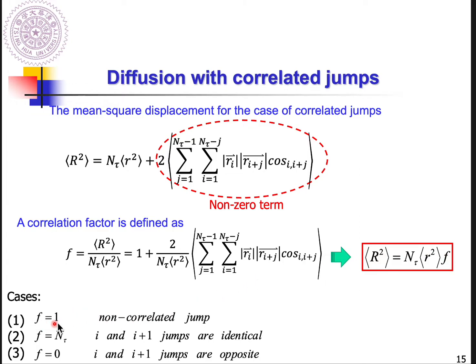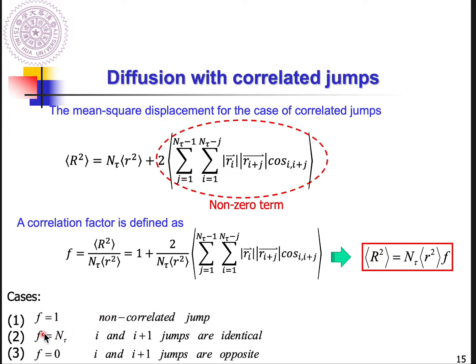If f equals 1, at what kind of situation will f equal 1, and this term becomes 0? This is the case we just talked about, non-correlated jumps, because the sum of the cosine term becomes 0. That means the jumps are a random walk, or we call it non-correlated jumps.